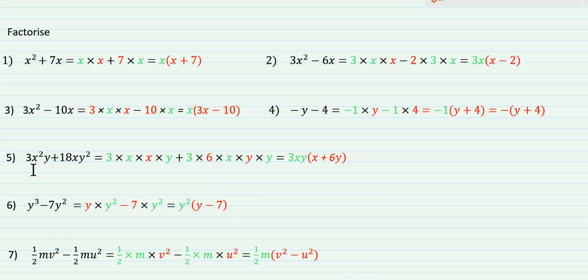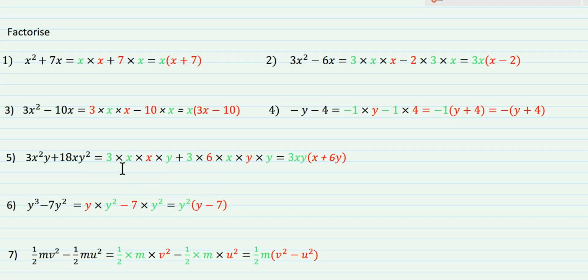Now we have 3x squared y plus 18xy squared. This can be split up like this: 3 times x times x times y, and 18, if you factorize it, you can split it up as 3 times 6, yeah, times x times y times y.